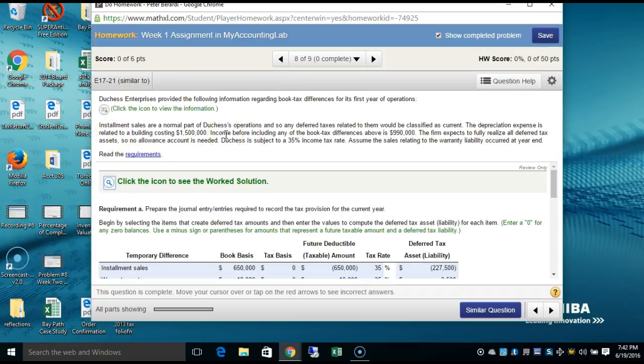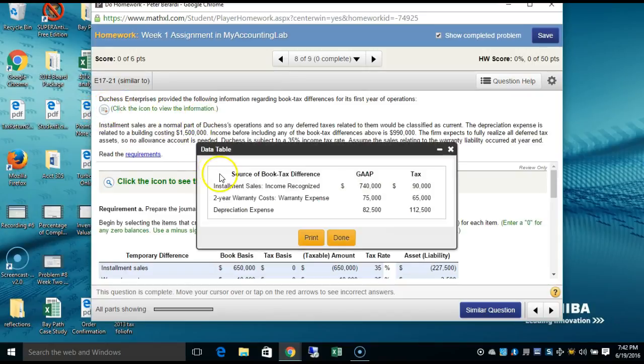So this company has the following information regarding its book tax differences. 1. Installment sales. The income recognized under GAAP on our books is $740,000. The income recognized under tax is only $90,000. So what you should be thinking right here is, under the tax, we're going to be reporting less income.